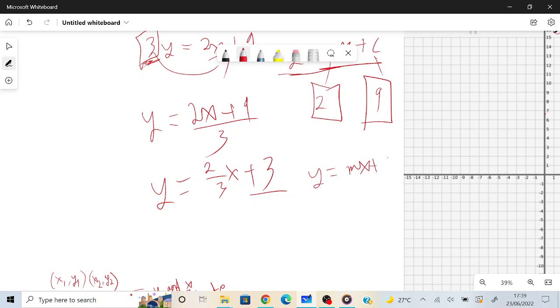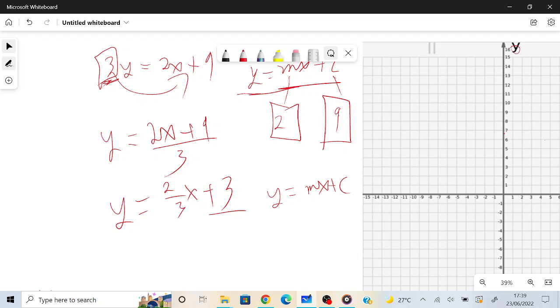So now, doing the necessary, when y is 0, we will have 2 over 3 x equals minus 3, because you take the 3 to the other side. x is minus 3 over 2 over 3, which, if I'm not wrong, is minus 4.5, but let's just have a quick look. It's minus 2.